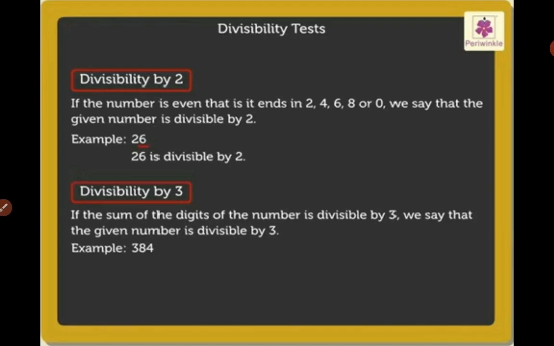When we add up all the digits, that is 3 plus 8 plus 4, we get the sum as 15. We know that 15 is divisible by 3. Thus, we conclude that 384 is divisible by 3.